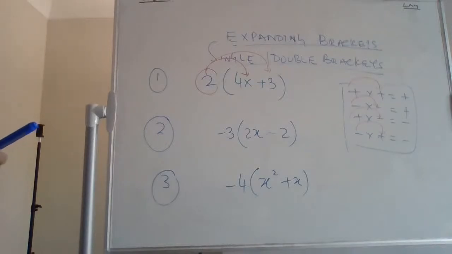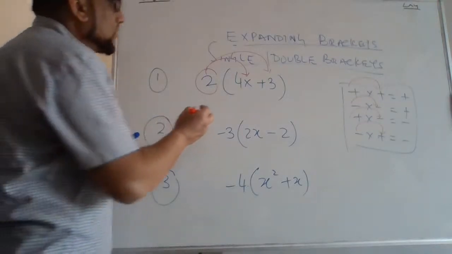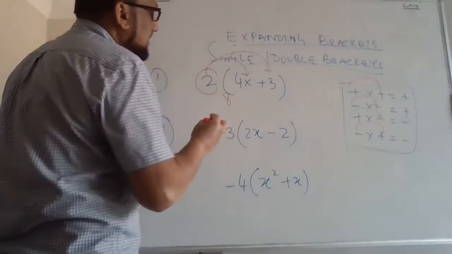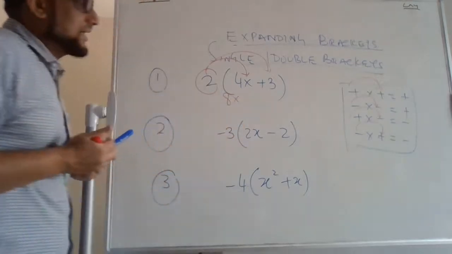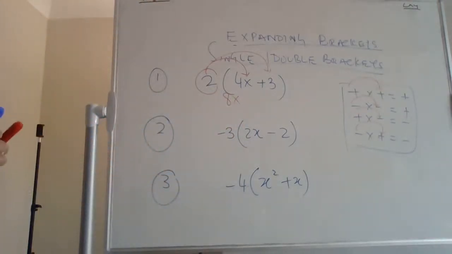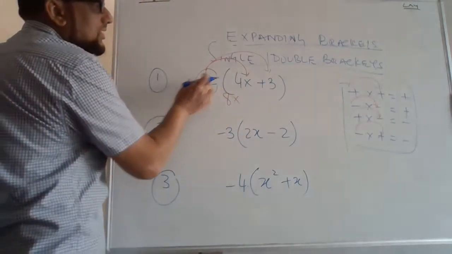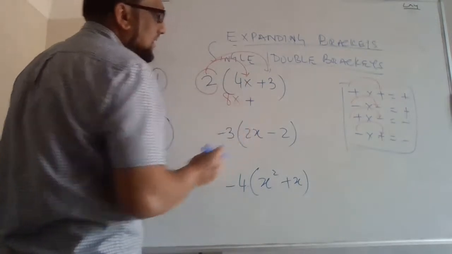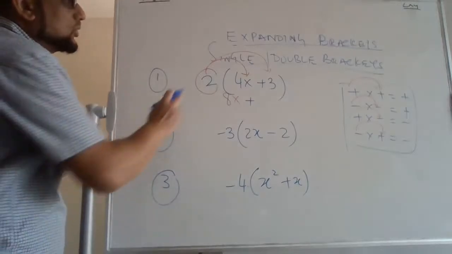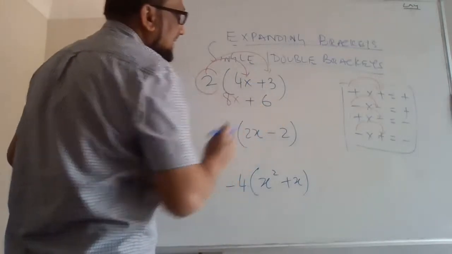So 2 times 4 is 8. The number is 8x, and the sign as it is because it has a plus sign, so plus times with a plus, and 2 times 3 is 6.